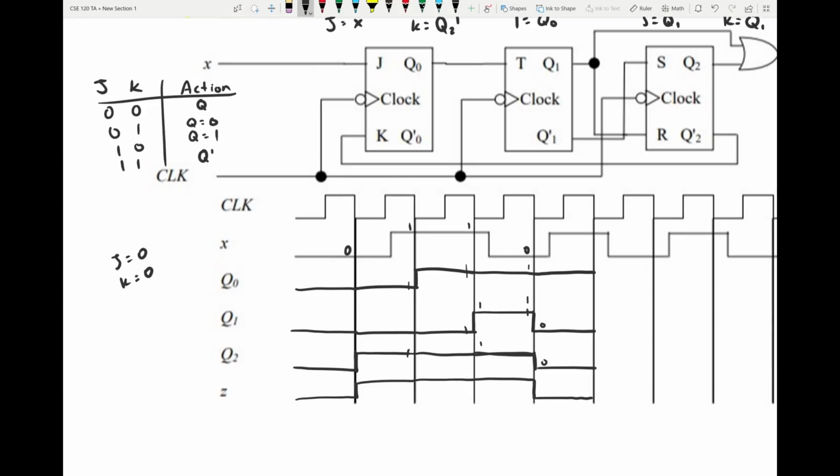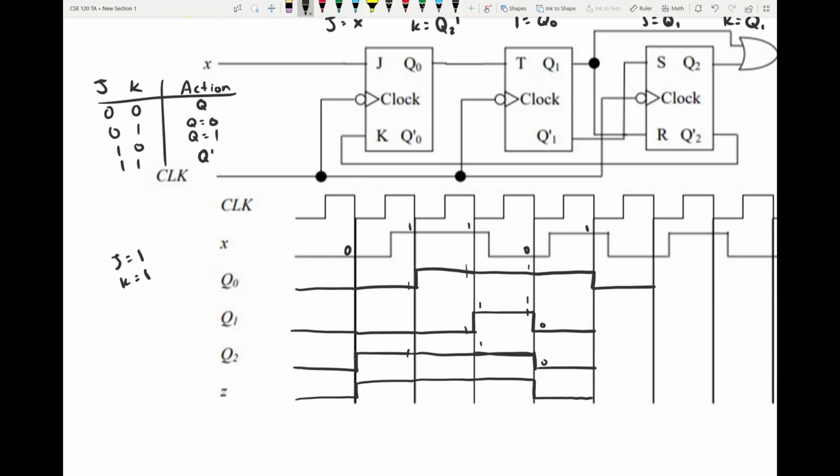All right, so for the next clock cycle, our X is back at a 1 again, which means that J is a 1. But now, K, being based on Q2 naught, Q2 was a 0 here, which means K is also going to become a 1, which means we're going to toggle the output Q, which means Q0 is going to become a 0.